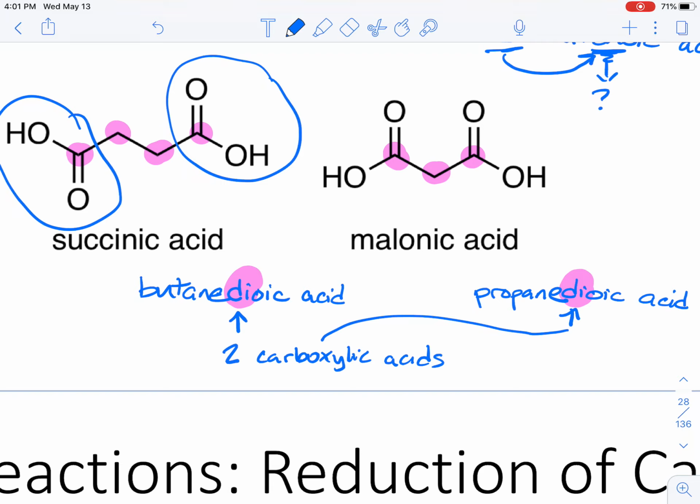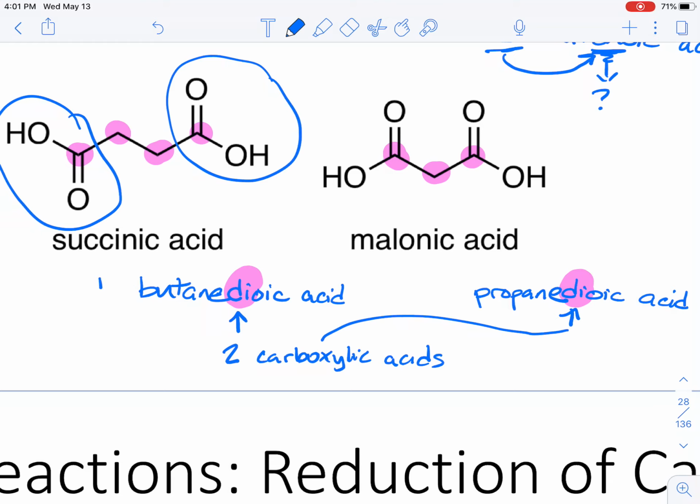Typically we would have to indicate the carbon number on the parent chain, but since we know that carboxylic acids are found on the ends of a carbon chain, there's really no point.